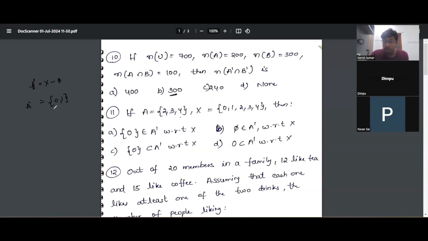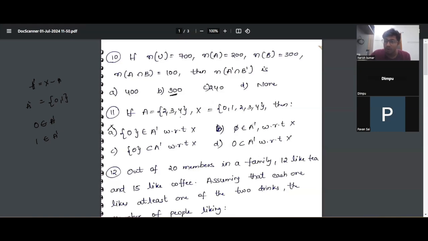So 0, 1 are the elements of A complement. That means 0 belongs to A complement and 1 belongs to A complement, right? Yes, sir. So set containing 0 belongs to A complement is wrong.